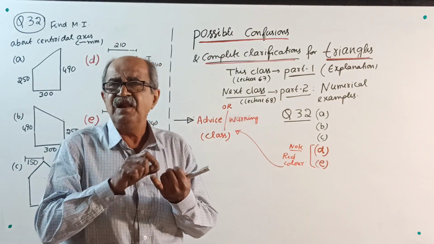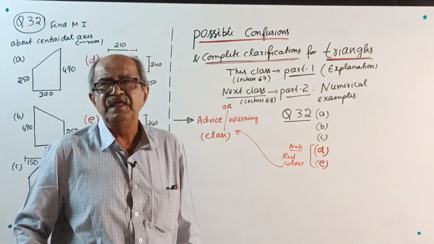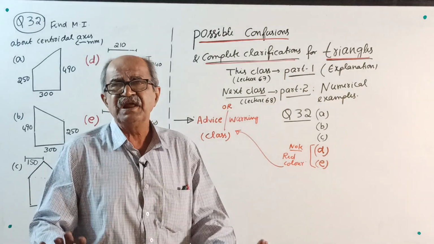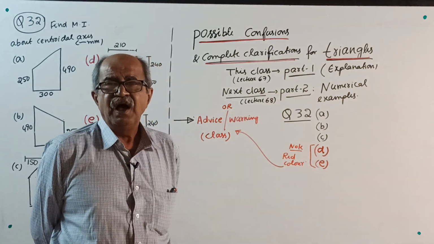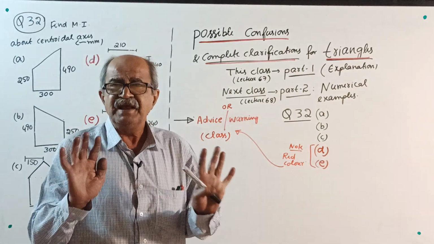For semicircle, circle, or quadrants, there will be no confusion. Crystal clear expressions are there. I have seen maximum people getting confused in triangles. I will explain what the confusion is.